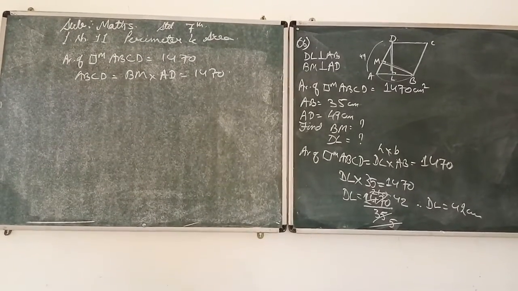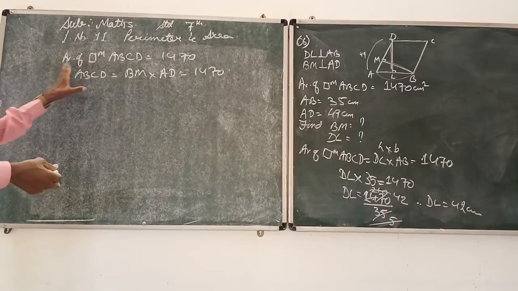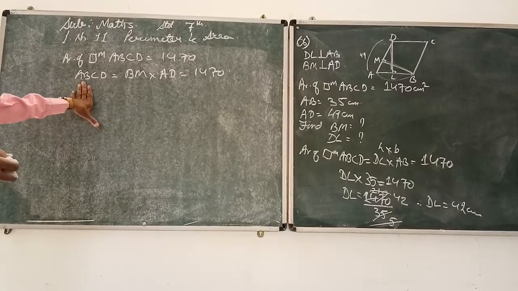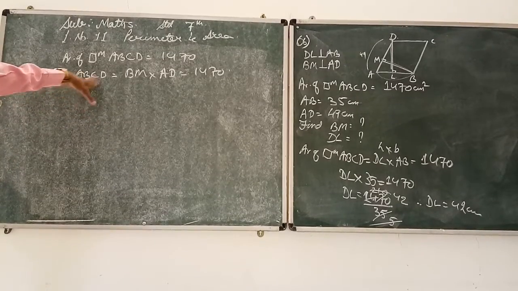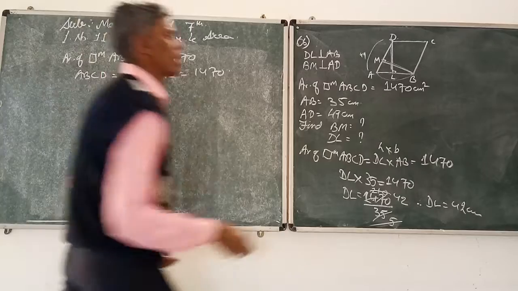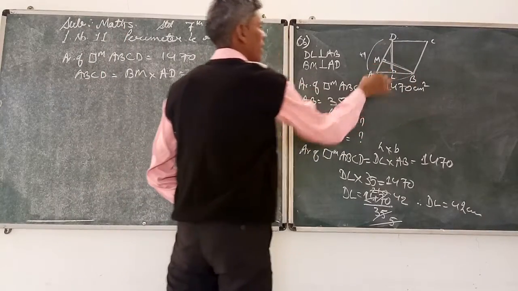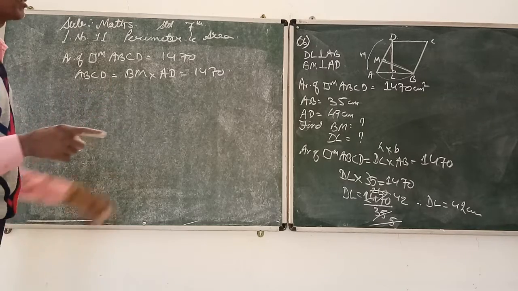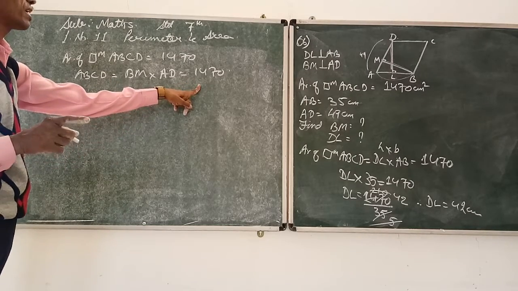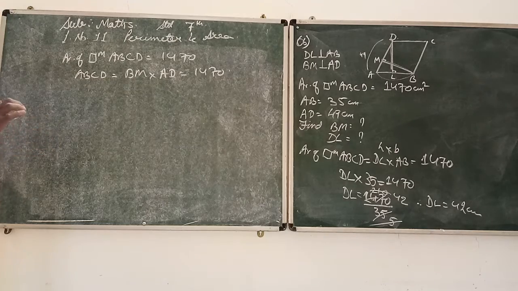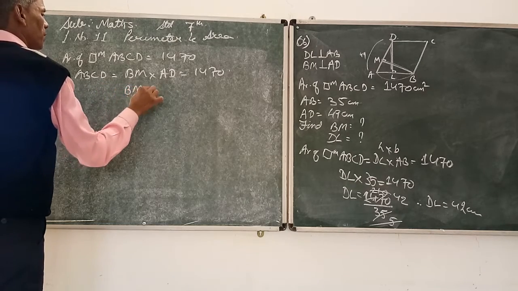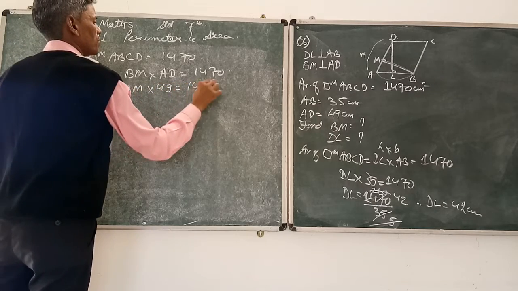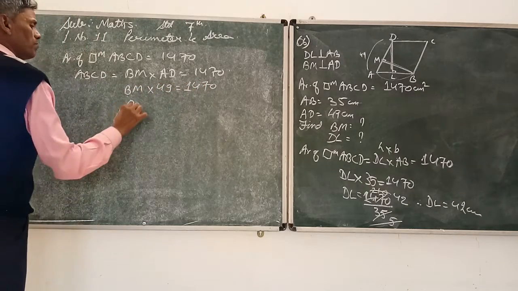Now see the next part of this same question number 6. Area of parallelogram ABCD is 1470. Area of parallelogram ABCD is BM into AD. Why BM? BM is one altitude and AD is base. Because it is the same parallelogram, the area will be the same, 1470 centimeter square. BM is not given, so we write BM into AD, that is 49, is 1470.